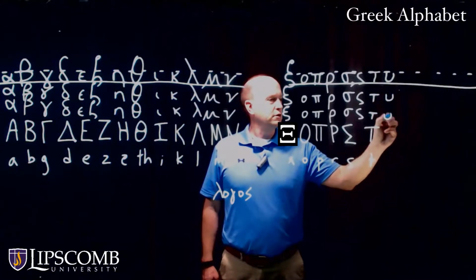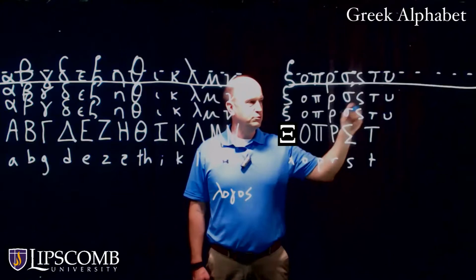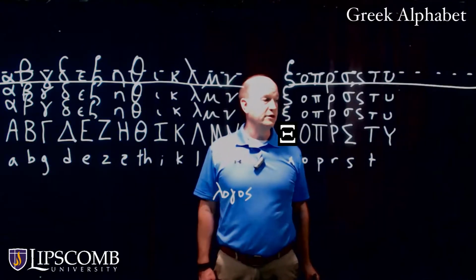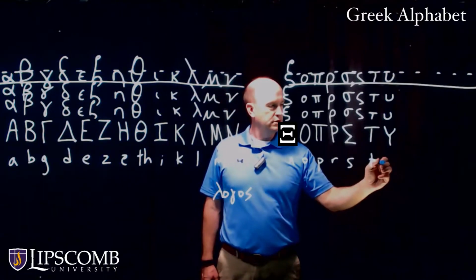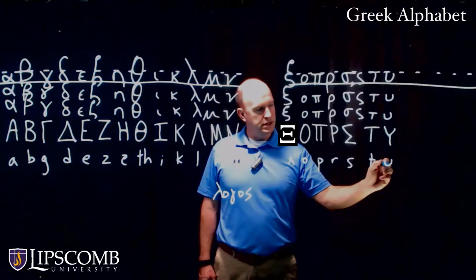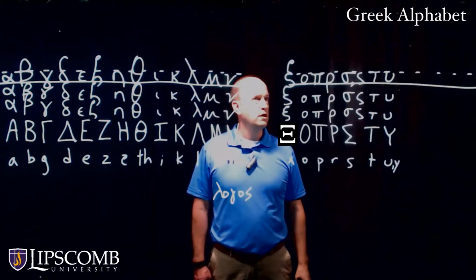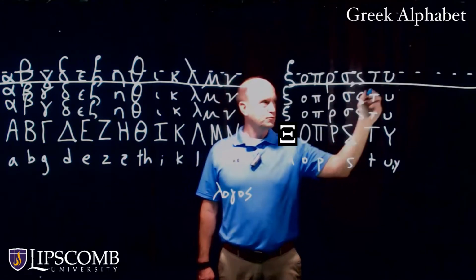So it looks like an English U, but it doesn't have a little leg at the end. It's just a simple curvy line. The capital looks like a Y in English. And it is transliterated sometimes as a U, and sometimes it can come in as a Y. So sigma, tau, upsilon. We're almost there.